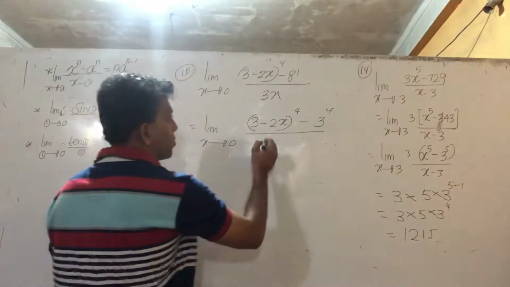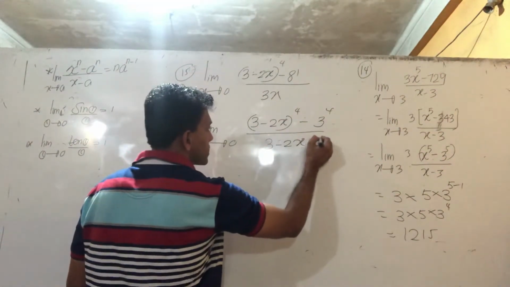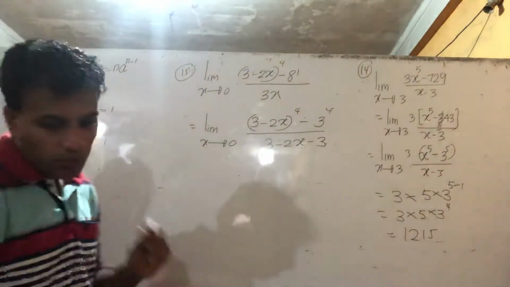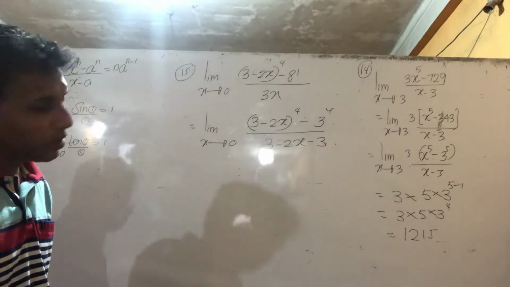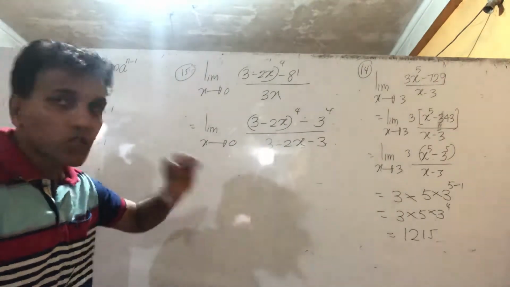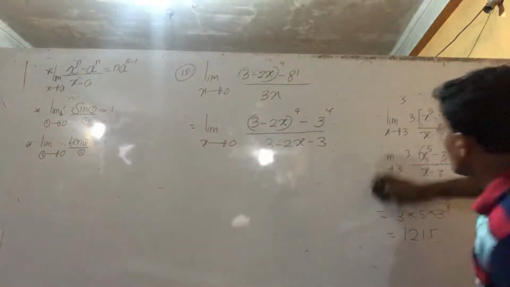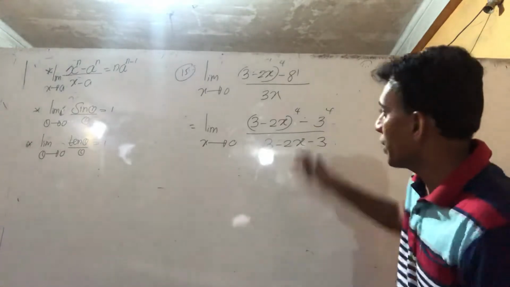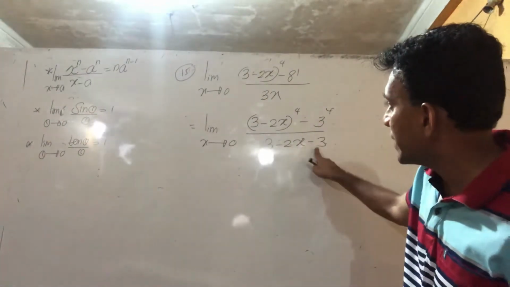So there should be 3 minus 2x minus 3. Okay, now check whether it's correct. Any alteration or additional terms available? Check. Above is okay. Numerator is okay. Yes, the 3 cancels.